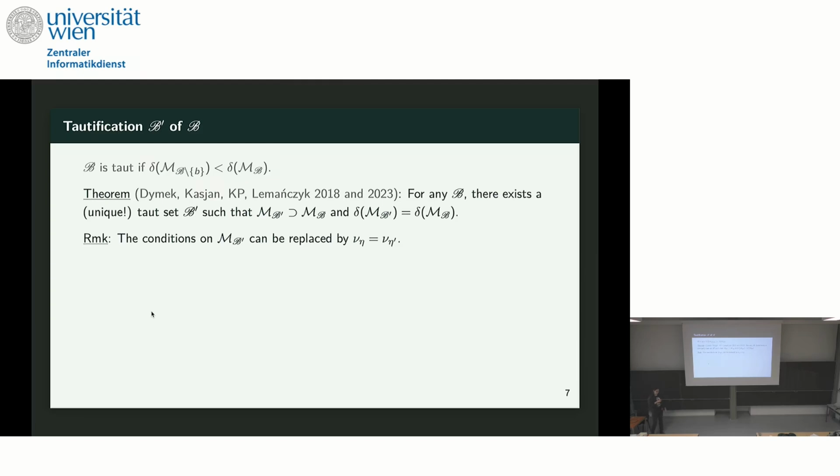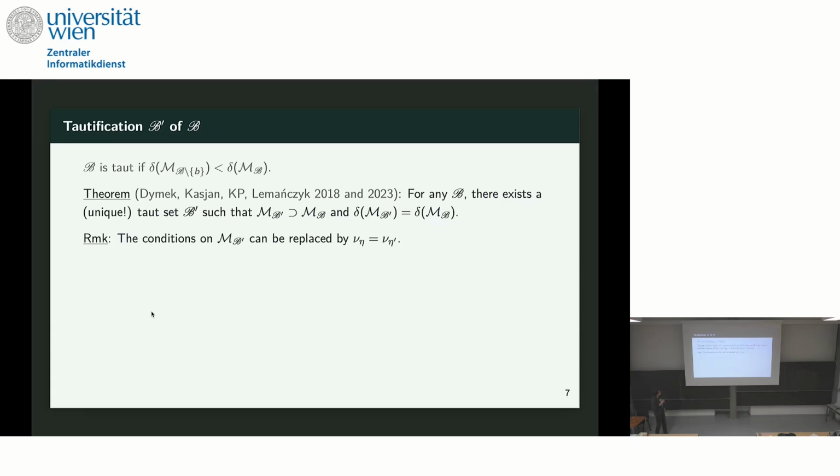Okay, so in the beginning of my talk there was this list of notions and this picture, and they were defined without using any dynamics. And now I want to look at these notions more dynamically. So let me remind you that B is taut if each element of B is important from the perspective of logarithmic density. So that was the definition.